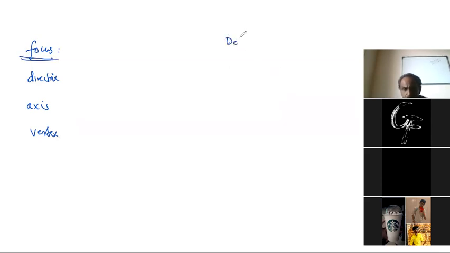In the definition of parabola, every point on the parabola satisfies a condition. What is the condition satisfied by every point on the parabola? Every point on the parabola is denoted by P. Distance from the fixed point will be equal to distance from the fixed line.